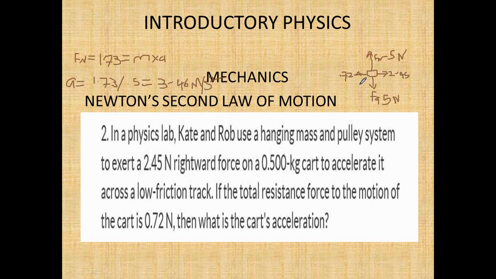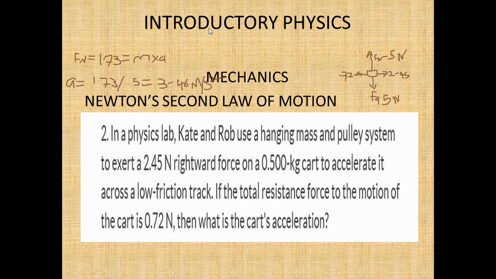Remember that the acceleration is in the same direction as the net force. The net force is to the right, so the acceleration is to the right, and it's 3.46 meters per second squared.